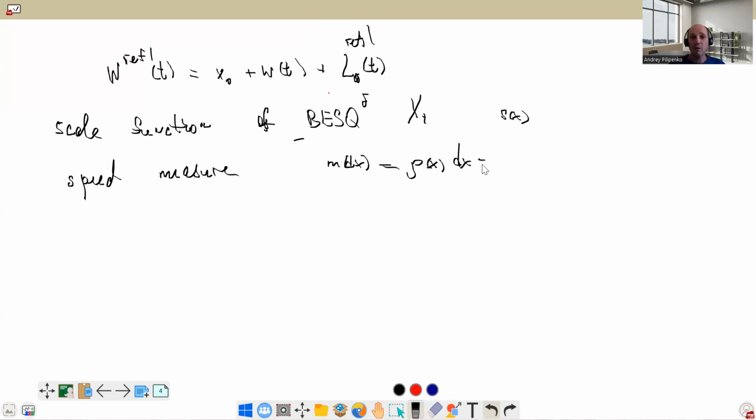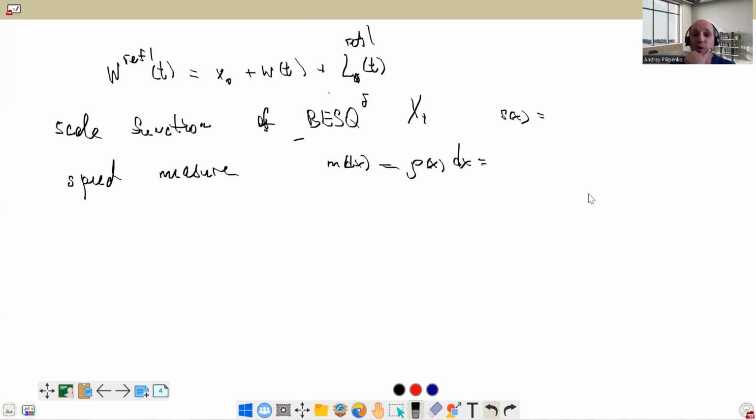And let me recall how to write the speed measure and the scale function for a solution of a stochastic differential equation where the coefficients are nice. So Lipschitz continuous, sigma is positive, the diffusion coefficient is separated from 0.